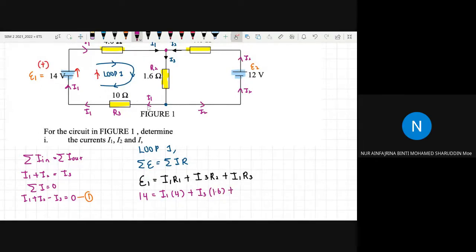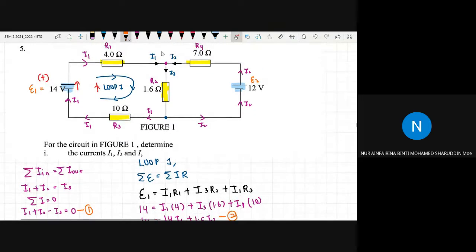So current 1 kita ke kiri, loop kita pun ke kiri bila lalu resistor 3. So resistor 3 kita adalah 10. So you akan dapat 14 equals to 14 I1 tambah 1.6 I3. So this is going to be your equation number 2. Settle for loop 1.